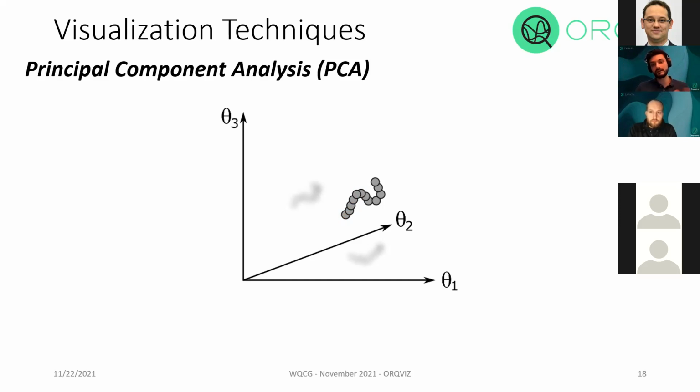PCA gives us one way. Very naively, we could project the trajectory in this θ1, θ2 plane, and then the shadow would look like this. Or we could project in the θ2, θ3 plane, then the shadow would look like this. Essentially this means we would choose our plane to be spanned by the actual unit vectors of the parameter space. But that's not optimal. That's really not optimal.